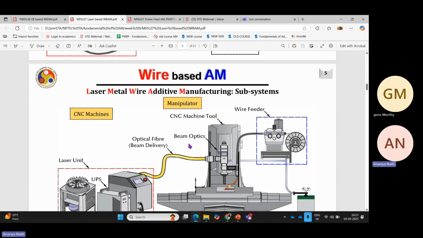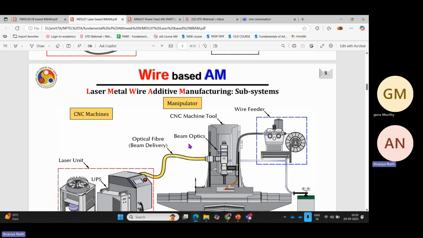These processes are known as directed energy deposition if I am coming from the classification of AM, because here the energy source and the feedstock or raw material interact on top of the build plate, whereas both come simultaneously. It's not like one is stationary and one is coming.